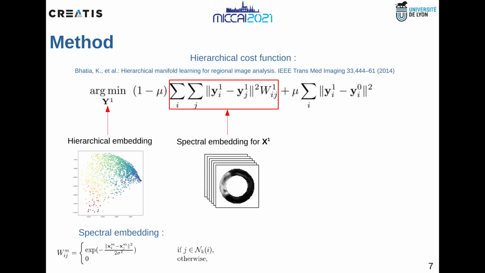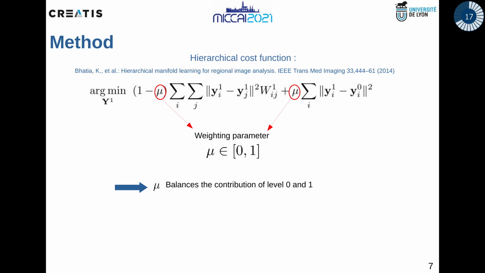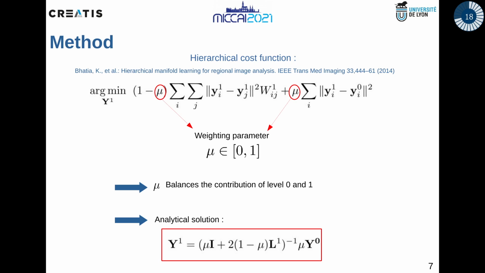And we take the first few eigenvectors of this normalized graph Laplacian to build the embedding for x1. And the second part of the equation is the proximity between the levels 0 and 1. Both of these two parts of the equation are weighted by the parameter mu, which is between 0 and 1, and it balances the contribution of level 0 and level 1.